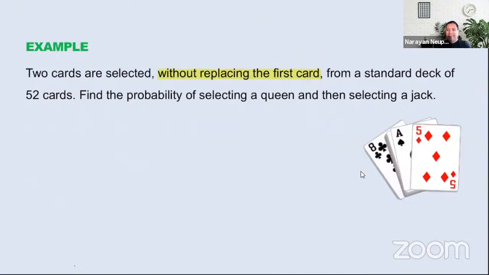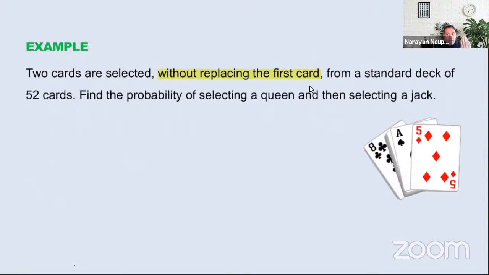Now, as we come across so many examples, I hope that you have a clear idea about the cards. So I have not spread all the cards on the board. Instead, I've collected them here because you know what is in a standard deck of cards. Two cards are selected without replacing the first card. See, without replacing the first card. So that means you pull the first card, you hold it in your hand, and then pull the second, and then look at it.